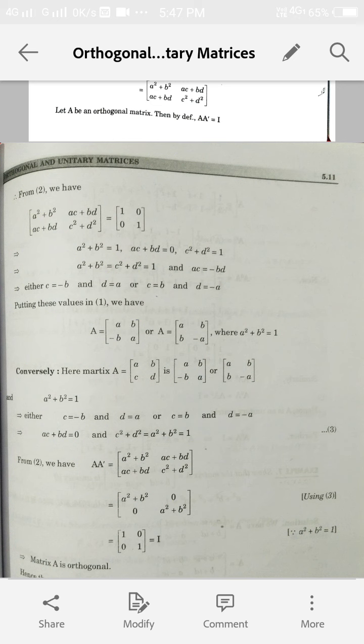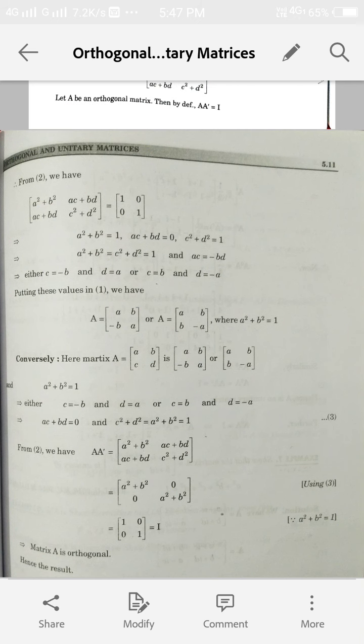In the converse part, we assume that our square matrix A is either this or this, and it satisfies the property a square plus b square equal to 1. Now this is possible only if c is equal to minus b. Again equate, these two matrices are the same, so equating the corresponding elements, we are left with c is equal to minus b and d is equal to a, and in the second case c is equal to b and d is equal to minus a.